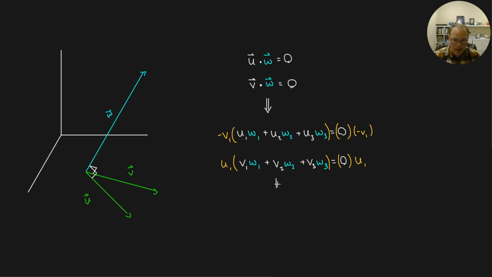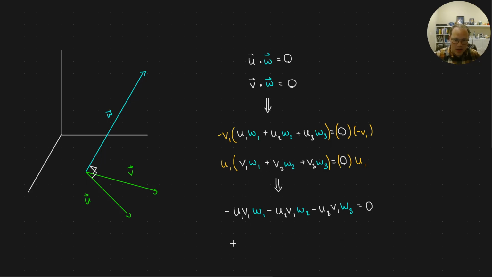So for my first equation, I'm multiplying by a negative V1, so it becomes negative U1 V1 W1 minus U2 V1 W2 minus U3 V1 W3. And on the right-hand side, anything times 0 is 0.